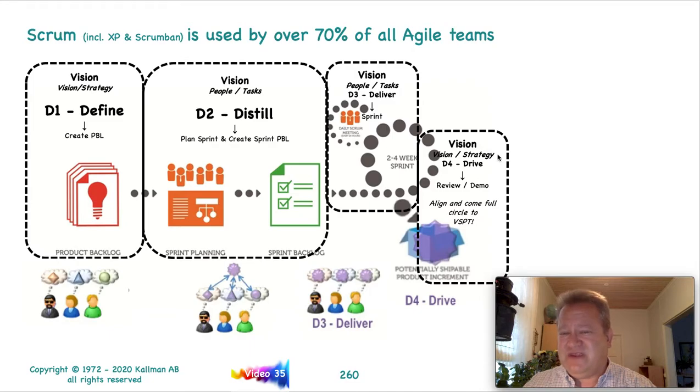Now we're coming back to VS, because we're going to review it, and the product owner is going to look at what was delivered, the result, and see if it aligns with the sprint backlog, the sprint planning, and the product backlog. So we're coming full circle in the VSPT, going back up to V&S, bringing it back to the strategy via the review and the demo.